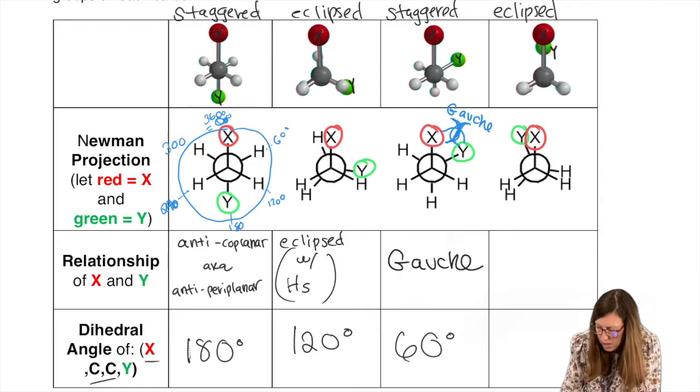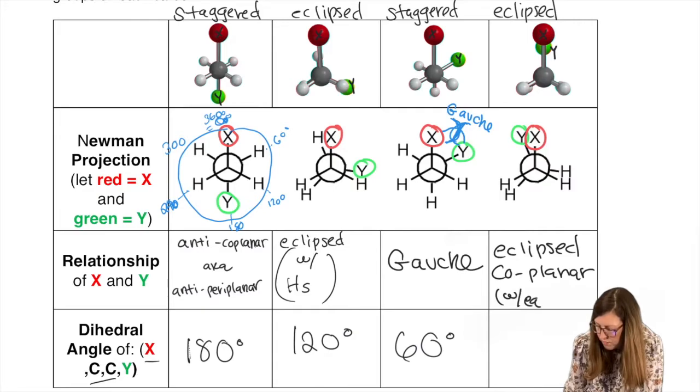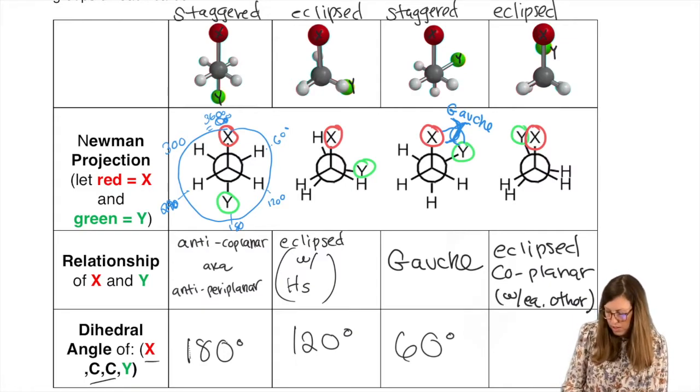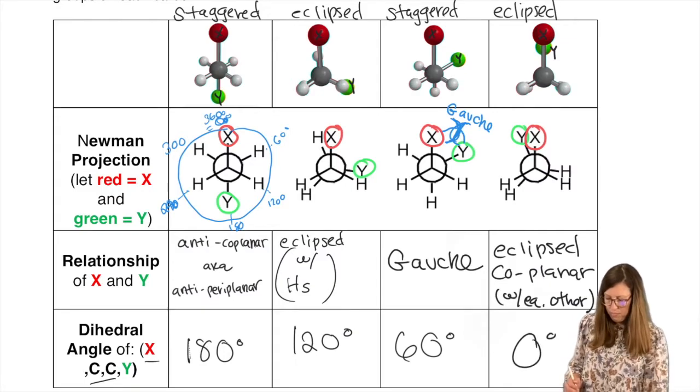So this is eclipsed, but it's eclipsed coplanar because they're together in the same plane. So when it's eclipsed coplanar, that means they're eclipsed with each other. Since they're eclipsed with each other, that means they have a 0-degree dihedral angle with each other.